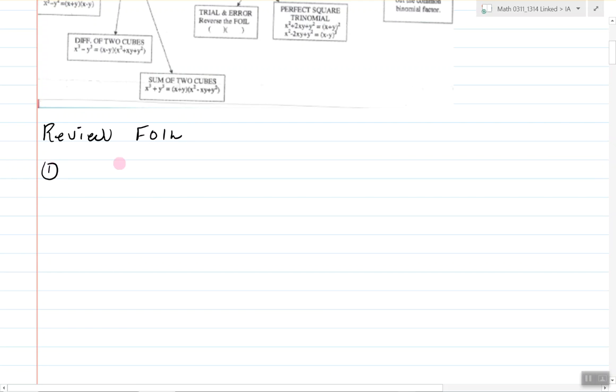Suppose we have x plus 2 times x plus 5. When I multiply these, I do the product of the first. X times x gives me x squared. The outer product is 5x.